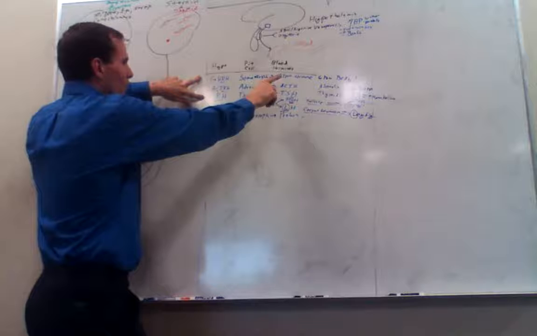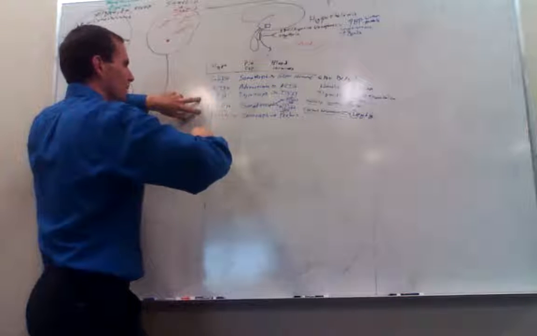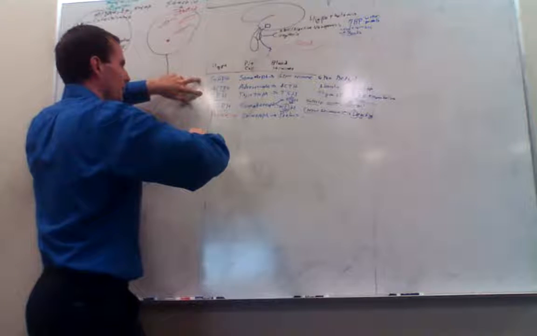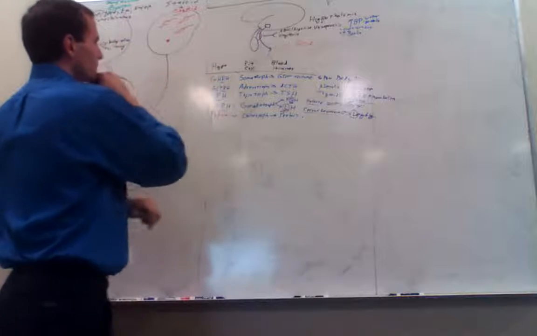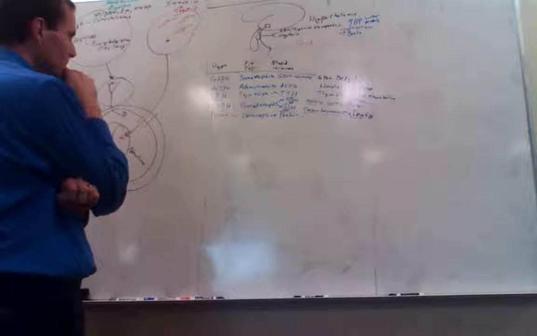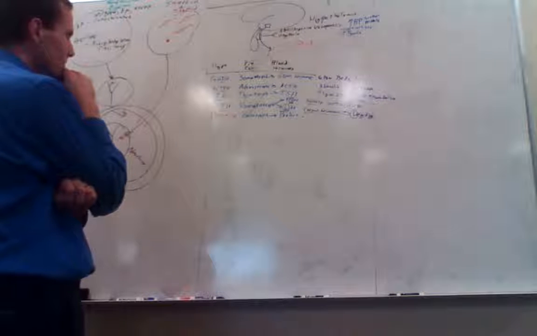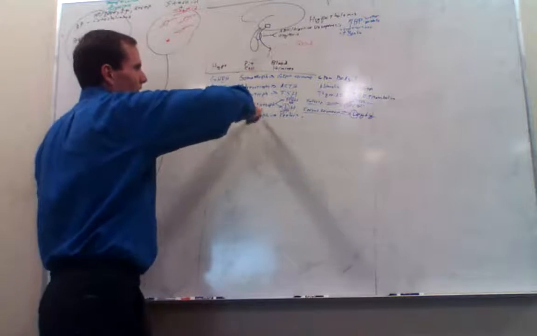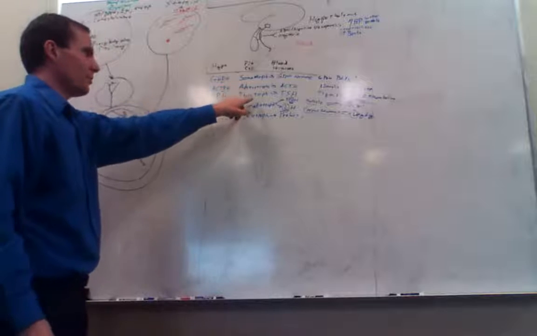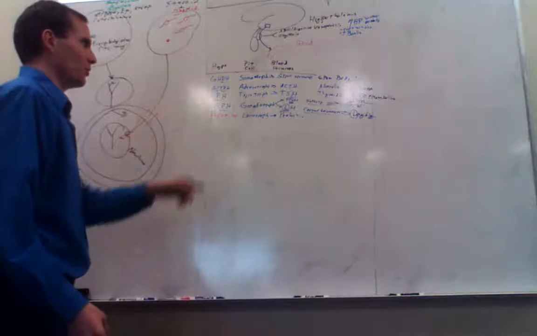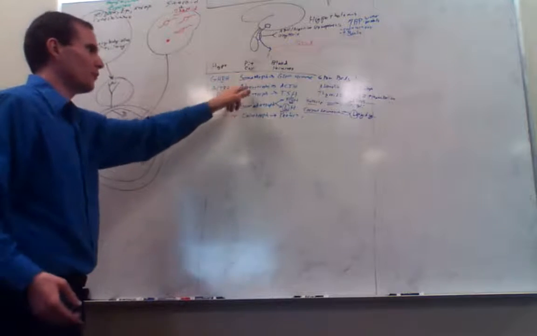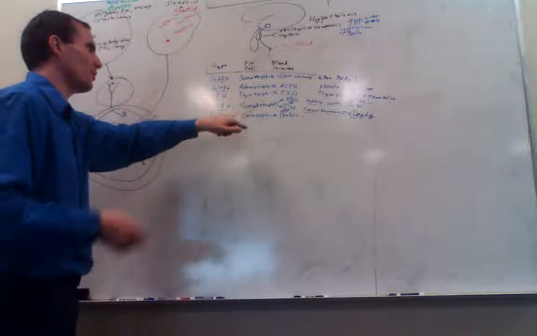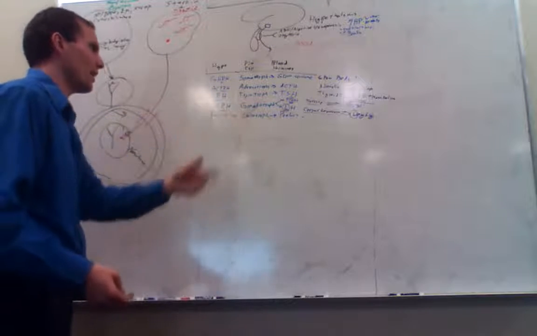Before we do review, let's see, was there some memory stuff that I had for this? With all of the cells, they're named after what they're going to go and do. Soma, body. Adreno, adrenals. Thyro, thyroid. Gonad, gonads.